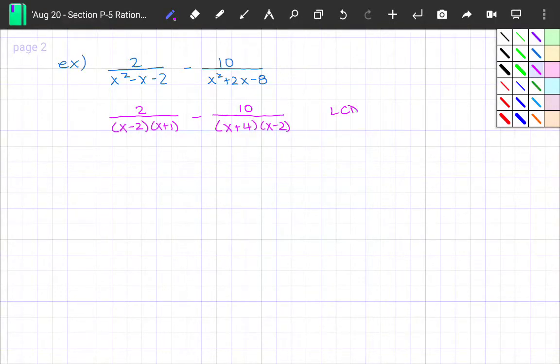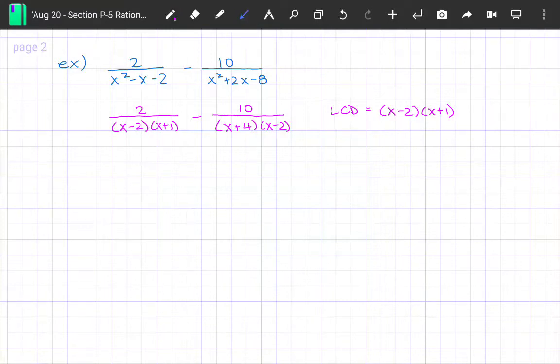So now I'm ready to find my LCD. My LCD, least, smallest, common, and then sometimes it's called a least common multiple. Think about it this way, it's the smallest thing that contains both denominators. I need an x minus 2, x plus 1.